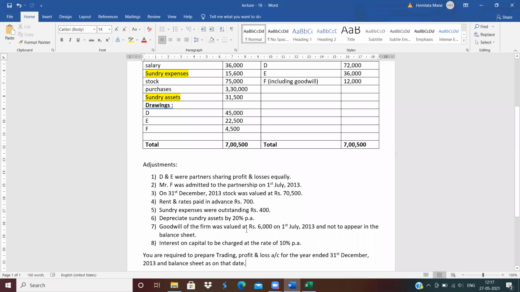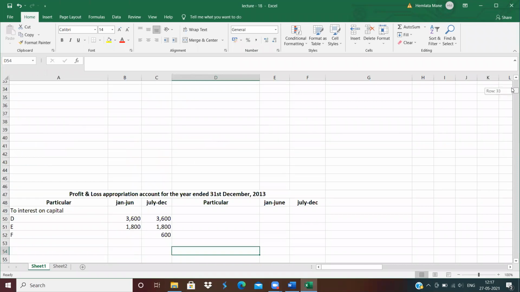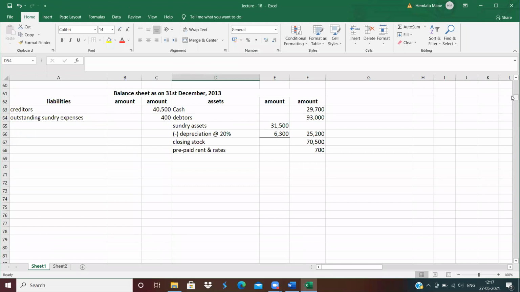So all the adjustments are finished. First adjustment is what? Closing stock, trading account credit side and asset side. Second adjustment, rent paid in advance, means first effect less from rent, rates and taxes, and second effect on the asset side.